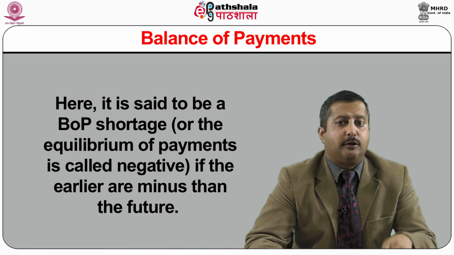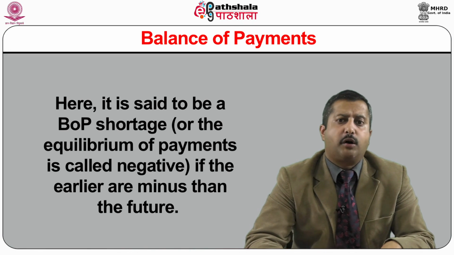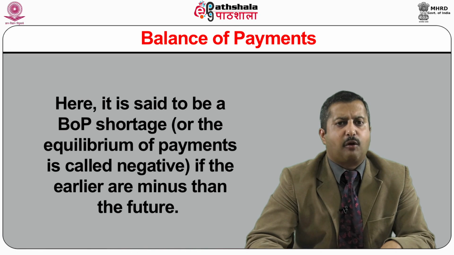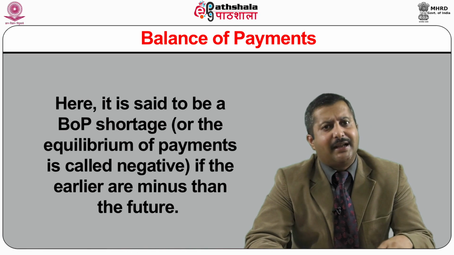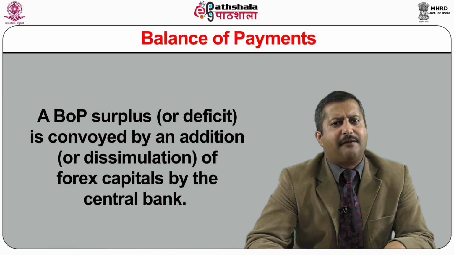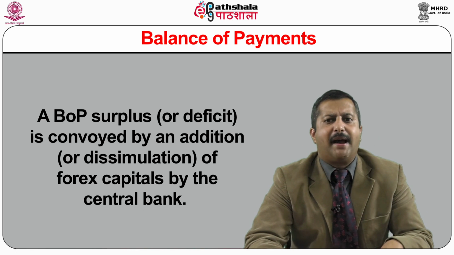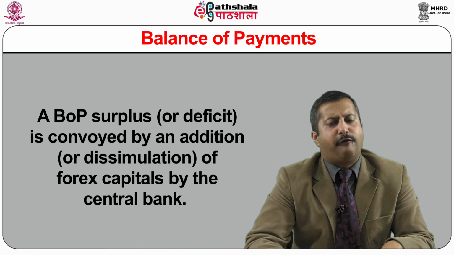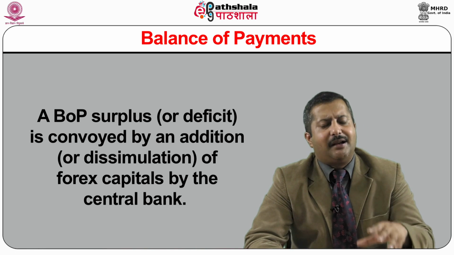Otherwise it is said to be a BOP deficit, or the balance of payments is called negative. A BOP surplus or deficit is conveyed by an addition or reduction of forex reserves by the central bank.